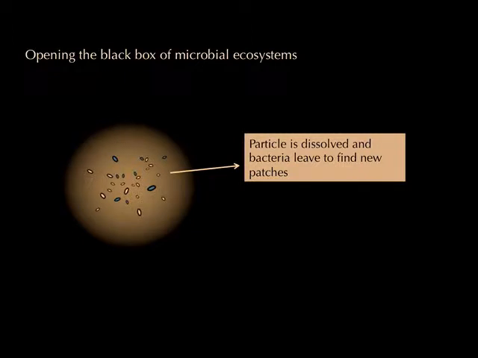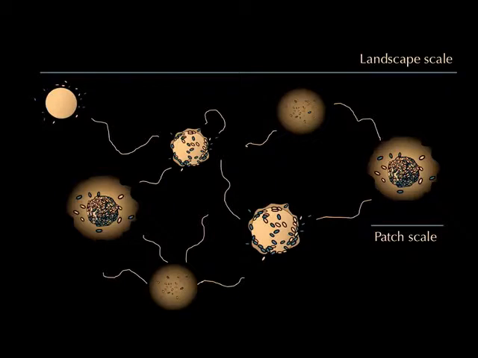So that's the logic of this whole thing. And of course, this whole thing happens at the landscape scale. There are many particles, so the full game is how these things move between particles. That's what I hope we understand in the next few years. We're slowly making progress in this direction, but this is really our goal, to figure this out.